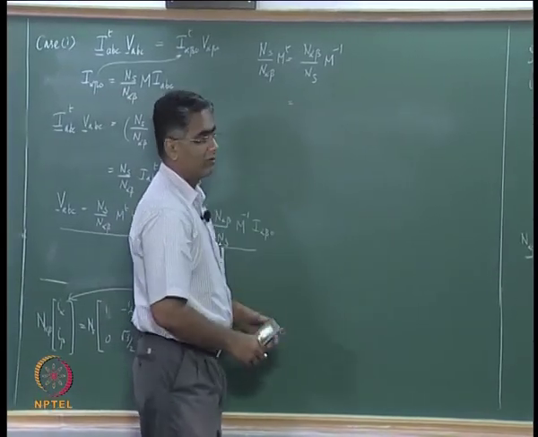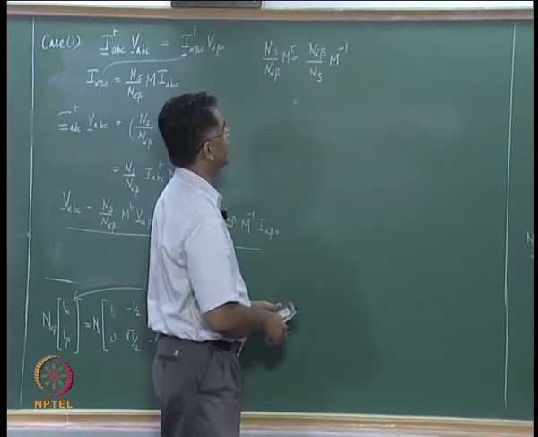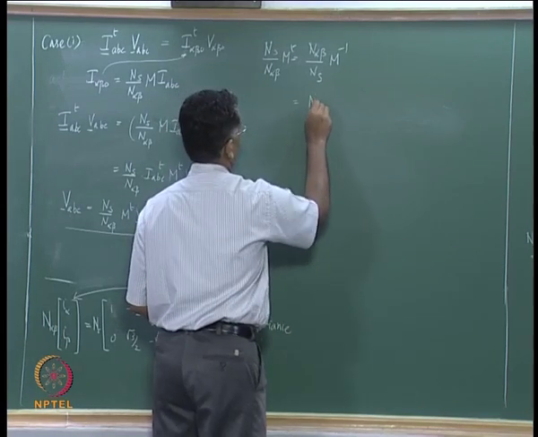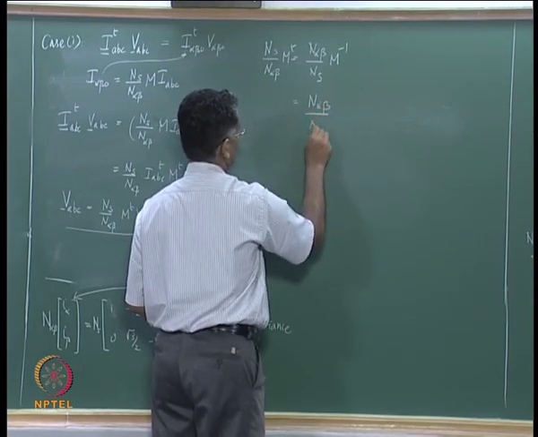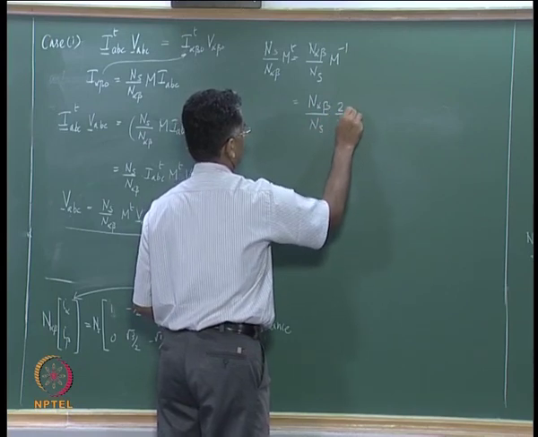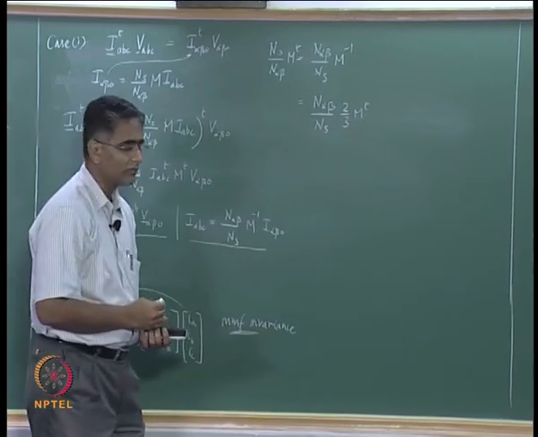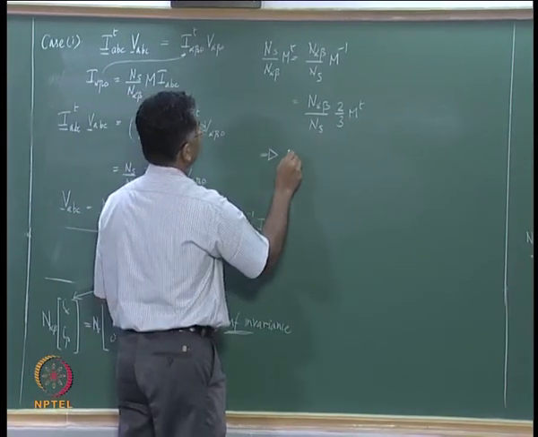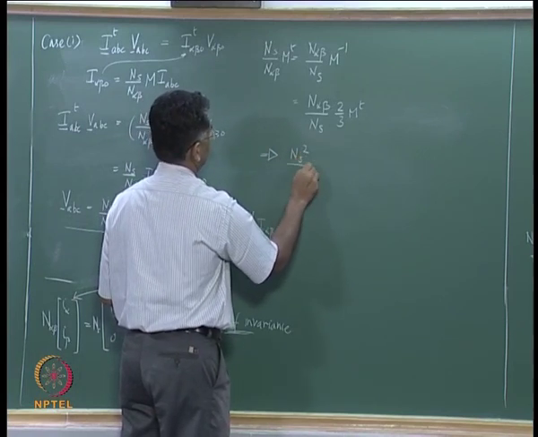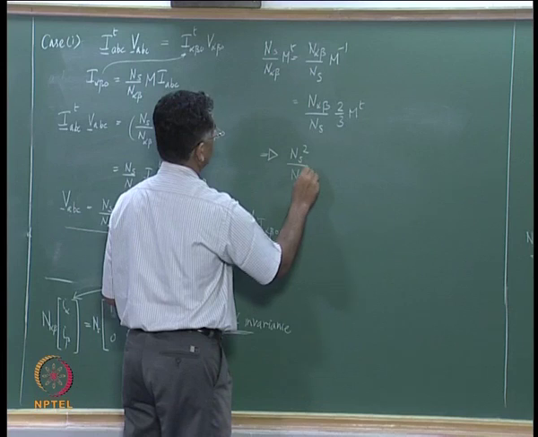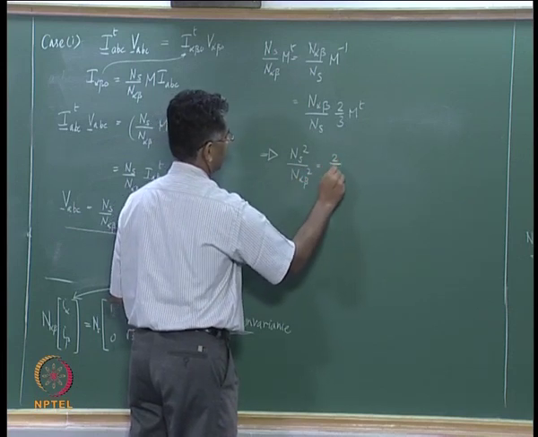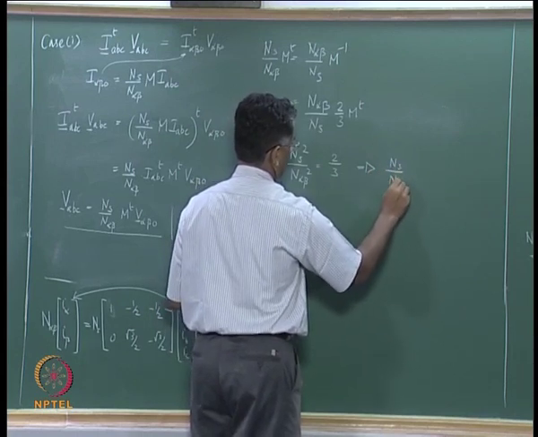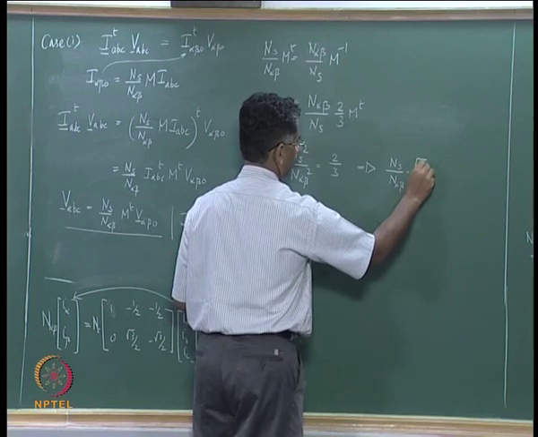But we already know from our earlier expressions that we have derived, M inverse is nothing but 2 by 3 times M transpose. So, this can be written as n alpha beta by ns into 2 by 3 times M transpose, and therefore, what we get is that if this has to be true, then ns square by n alpha beta square should be equal to 2 by 3 or ns by n alpha beta should be equal to root of 2 by 3.